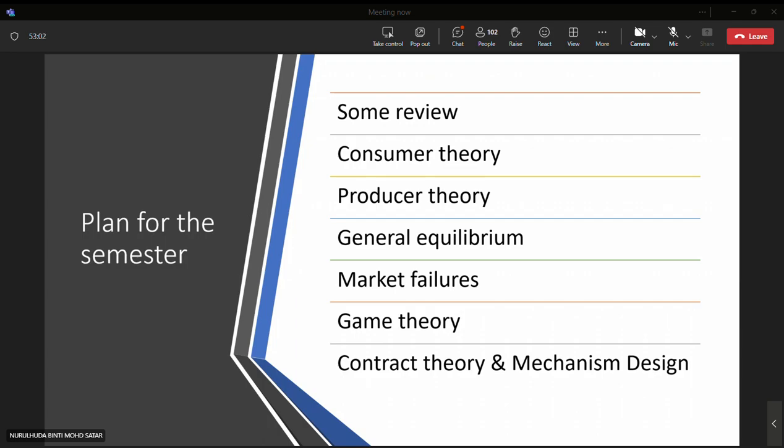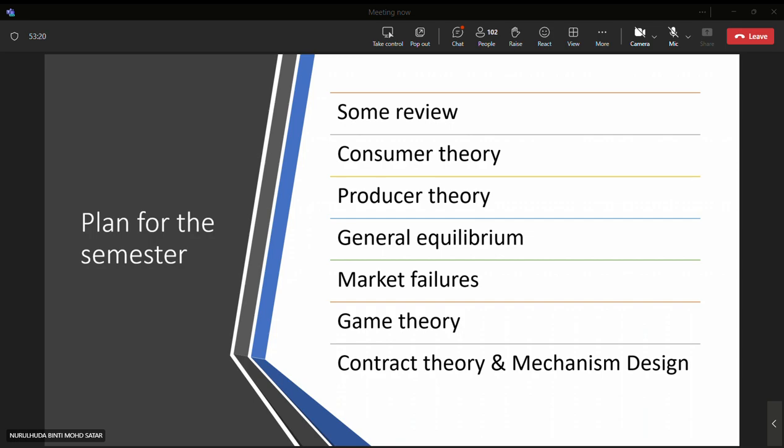Usually general equilibrium is going to be at the end, or maybe after market failures and externalities and so on. But I think it's important to understand general equilibrium first before we look at market failures, right?